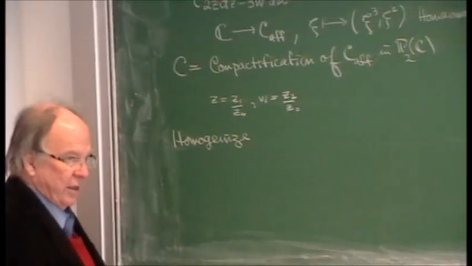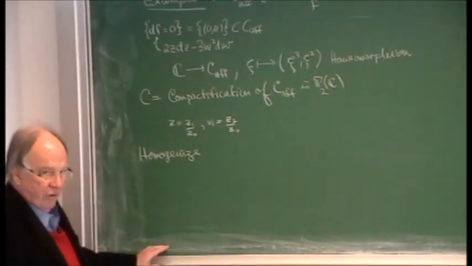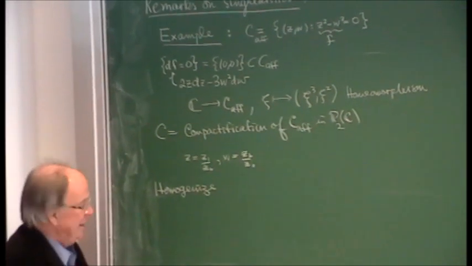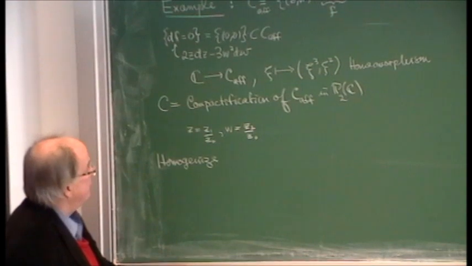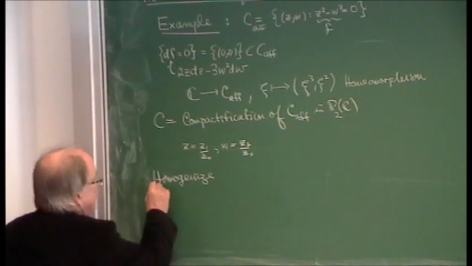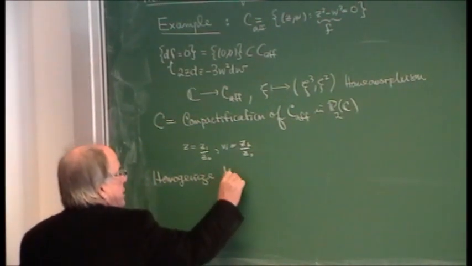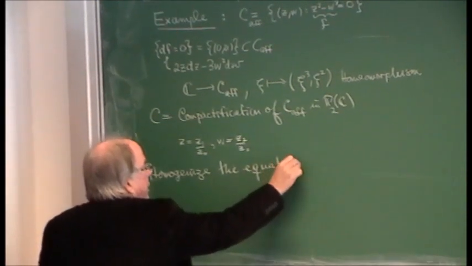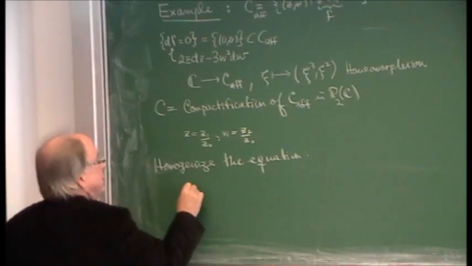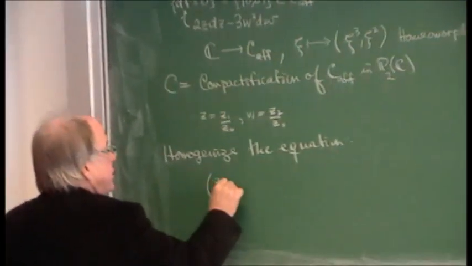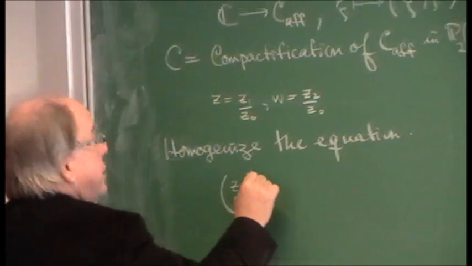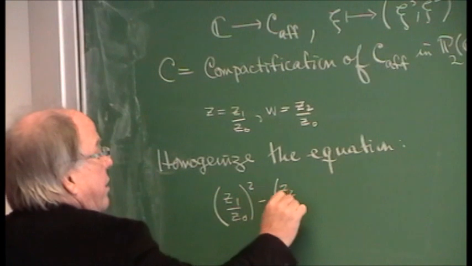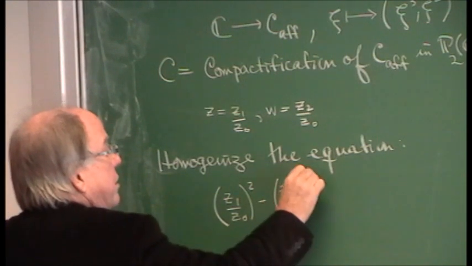I want to talk a little bit about singularities at first, just to give you an idea that you need to watch out. Very funny things happen. And it becomes a question quite often of delicate algebra. So you homogenize the equation. It's a good exercise to do this just for fun, to wake up. So the equation, you start out with the dehomogenized equation, which is z squared minus w cubed equals 0.